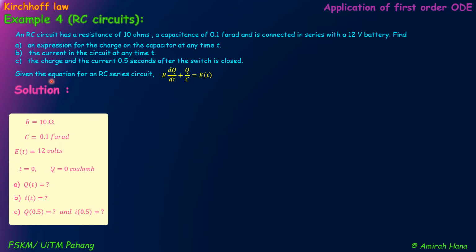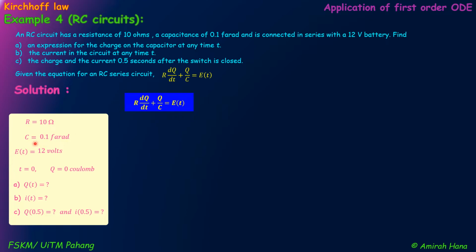After we extract all the given information, we can solve this question. We start with the equation for an RC series circuit, which is given by R dq over dt plus q over C equals E(t).